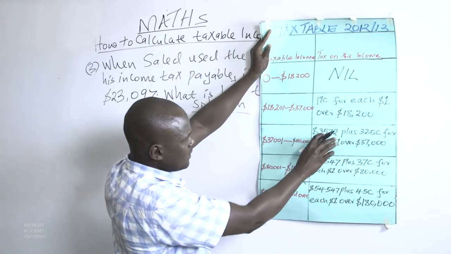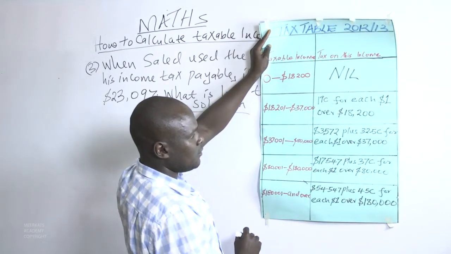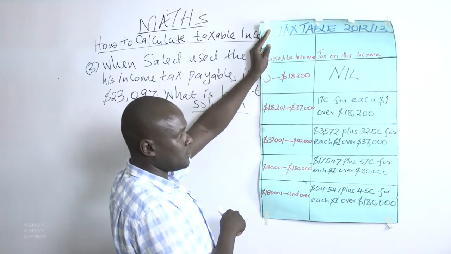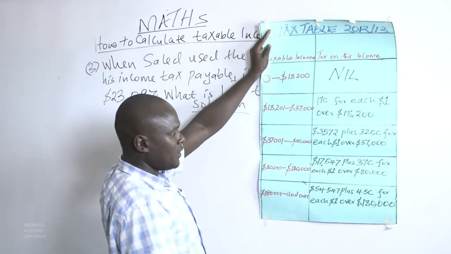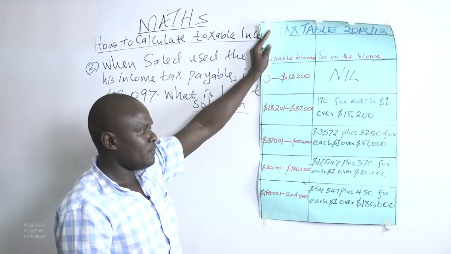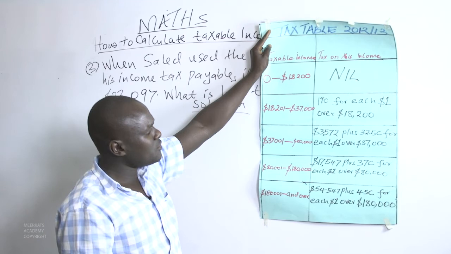In this tax bracket, we have a base tax of $3,000, which is much below $23,000. When you look at the fourth one, we have something close to that, which is $17,547.